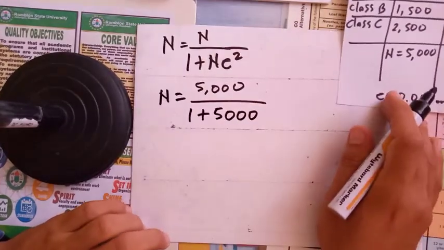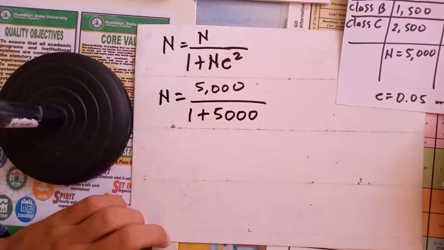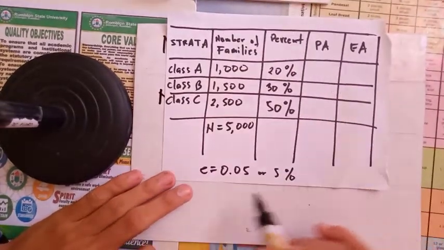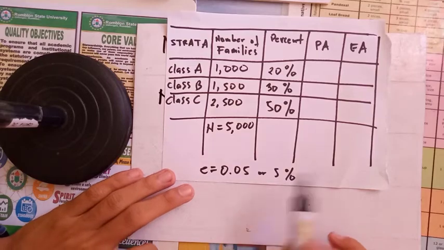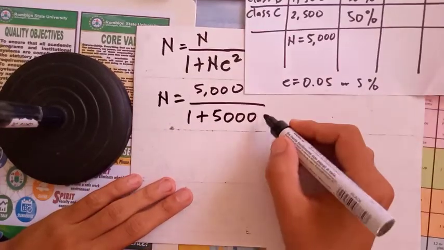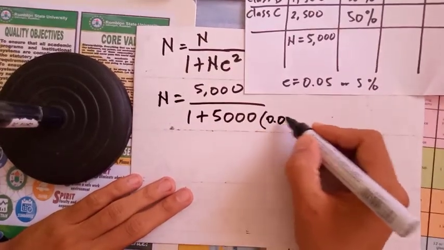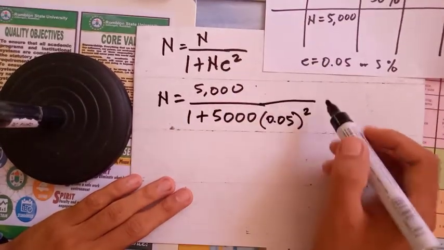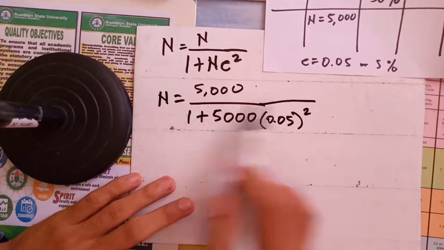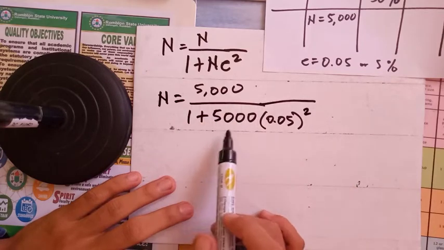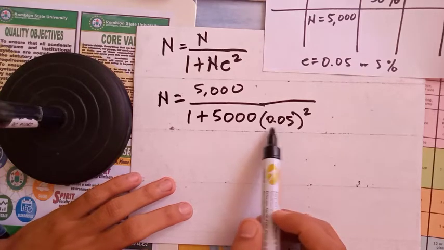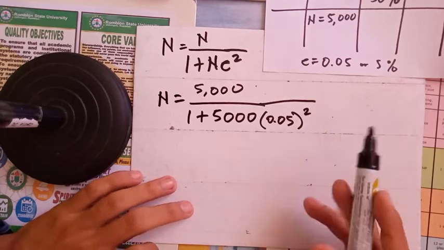Our E is our margin of error for our example. As I said earlier, the margin of error for this example would be 0.05 or 5%. So we write 0.05 squared. So we have 5,000 divided by 1 plus 5,000 times the margin of error 0.05 squared.